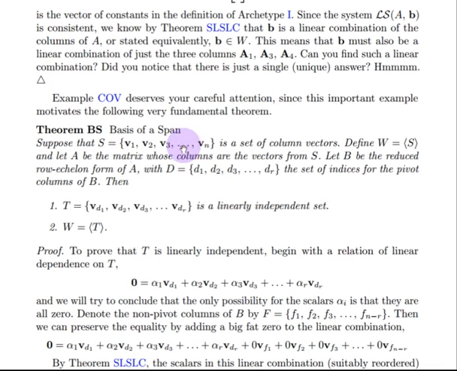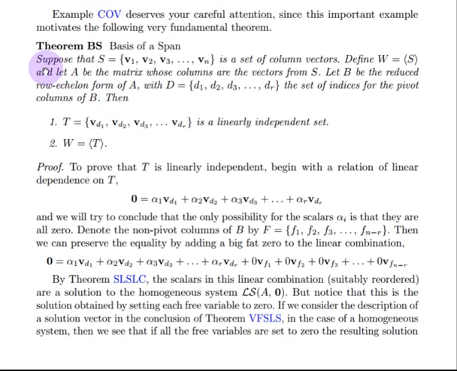If you have a set of vectors, form a matrix from these column vectors. If you row reduce and take just the pivot columns, those pivot columns will span the same set as the original set of vectors. Okay, that's the statement.